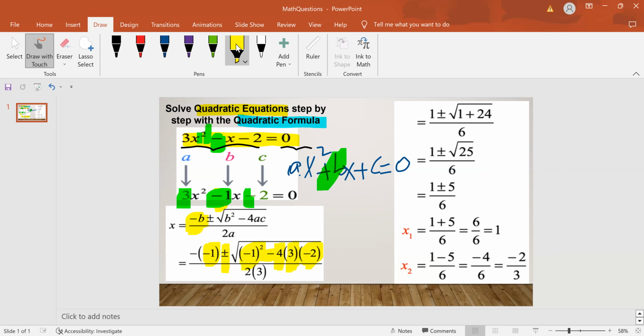Again, as a quick recall: a is 3, b is negative 1, and c is negative 2. Now divide by 2a, so 2 multiplied by the a value. Again, we use parentheses to avoid mistakes.